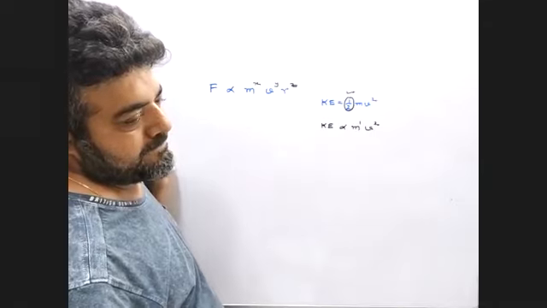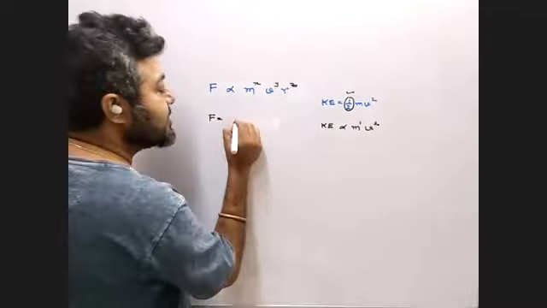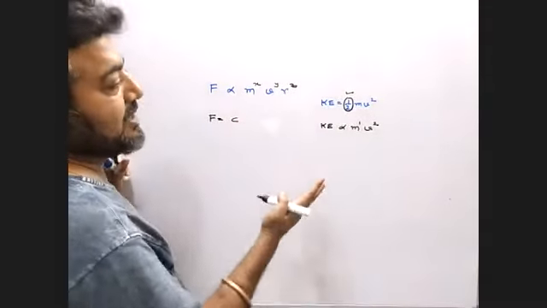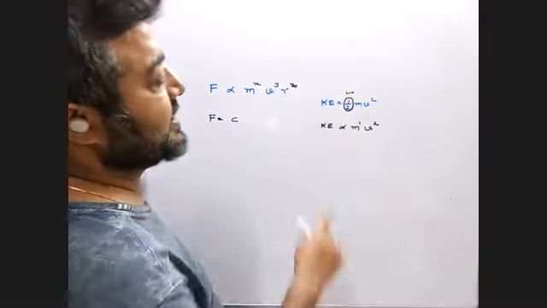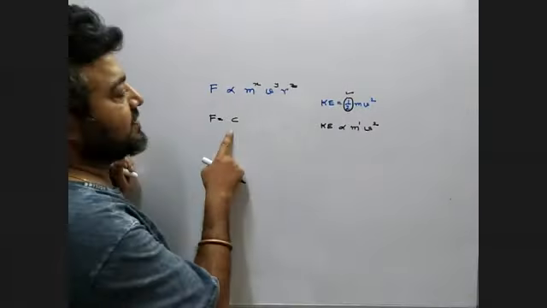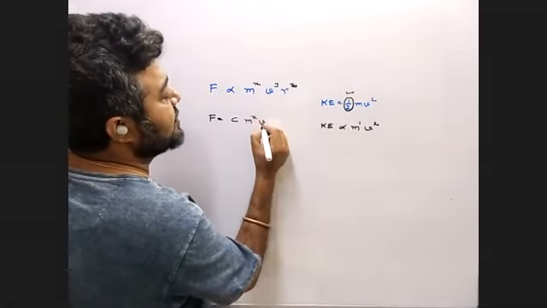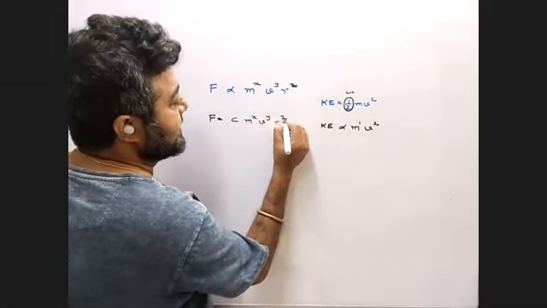Yes, sir. Now, when we equalize, we use a constant, because in any equation you may have any constant value. Now m to the power x, v to the power y, r to the power z.